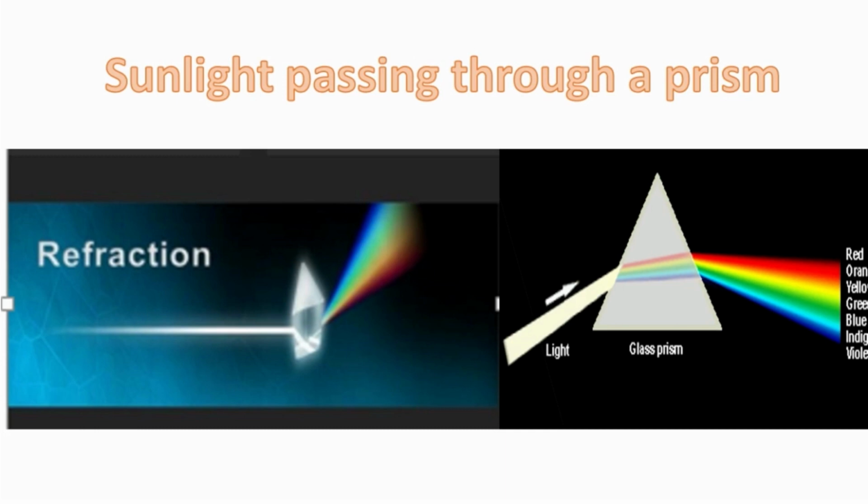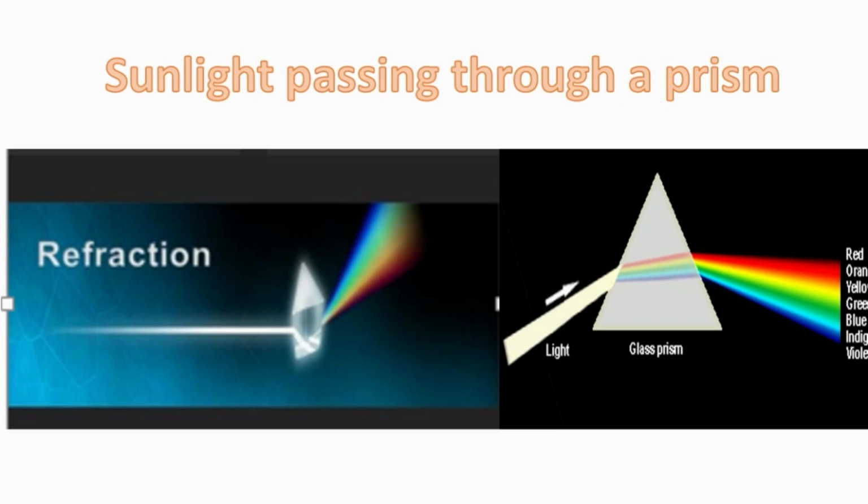Now this is a fourth example wherein sunlight passes through a prism. You can see this is the simplest example, but it is very difficult to see practically in a lab. You need to do this experiment in a dark room.